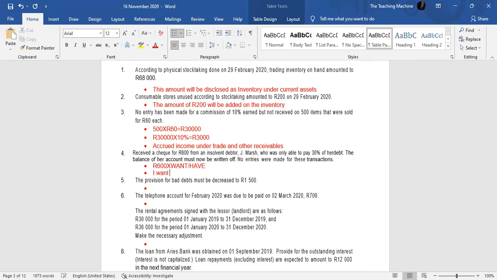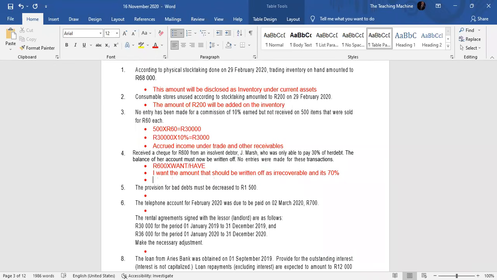I want the amount that should be written off as irrecoverable, and it's 70%. Why 70%? If someone was able to pay you 30% of the full debt, that means 70% should be written off as irrecoverable. You're going to suffer a loss of 70%.